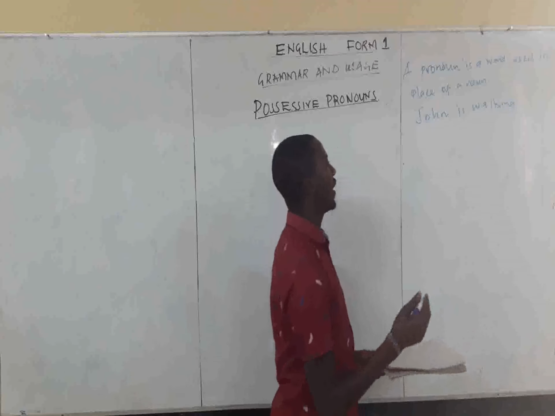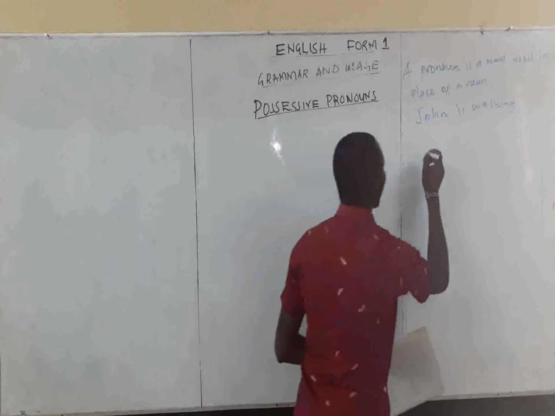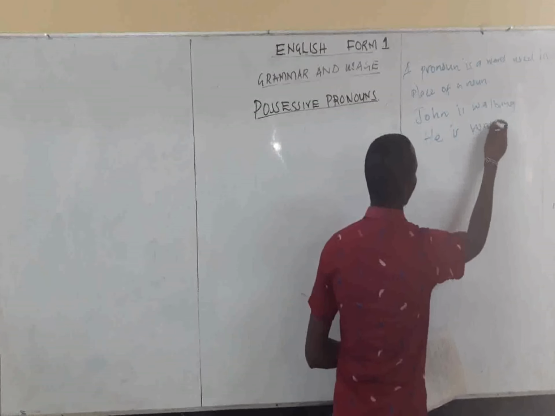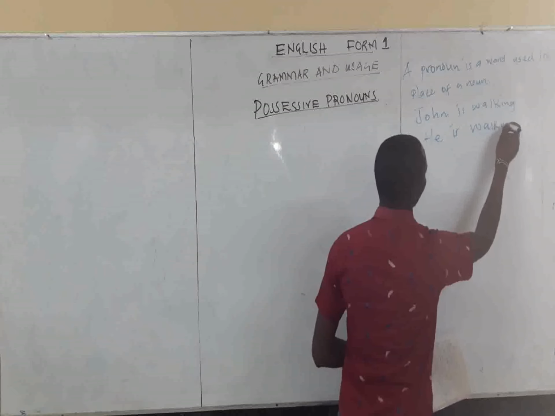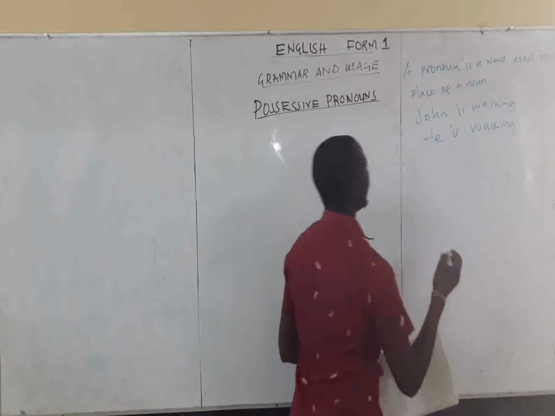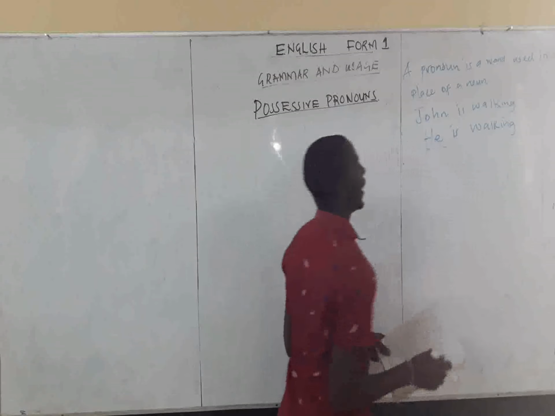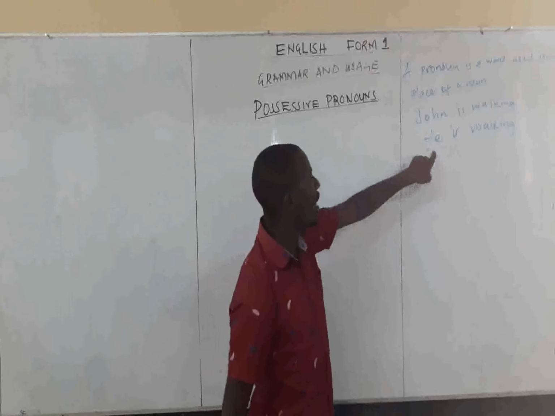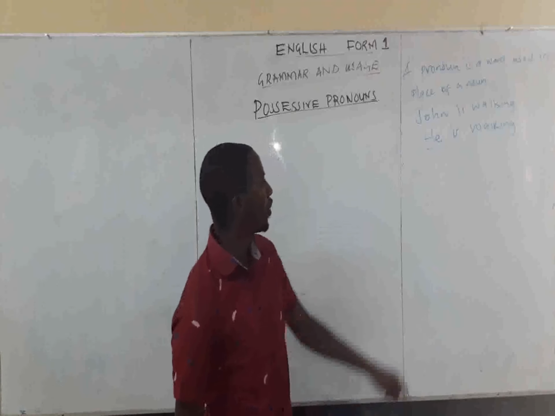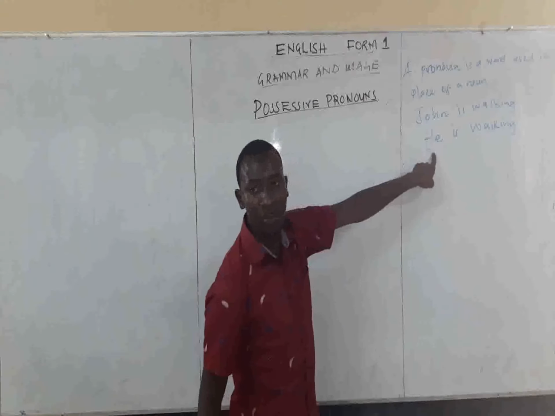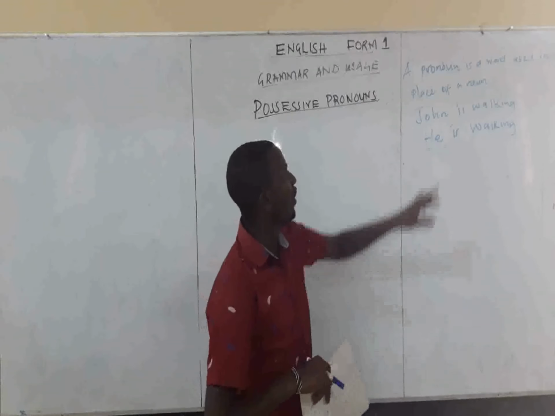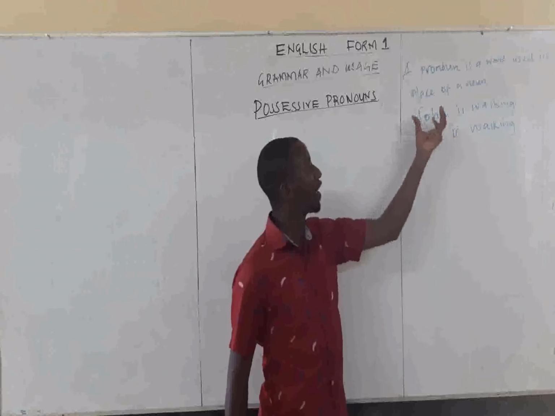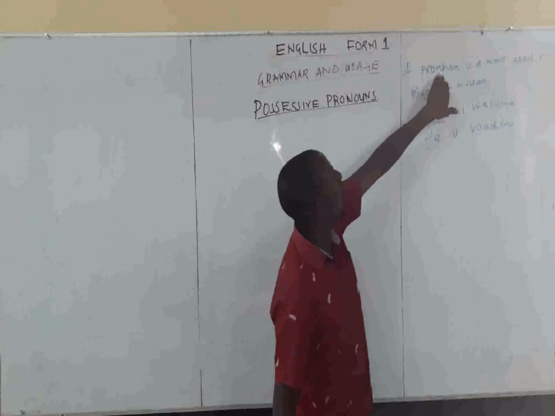We can say the sentence as: He is walking. The word he here has been used instead of the noun John. John is a proper noun, and that word which can be used instead of that noun is simply what we are calling a pronoun.